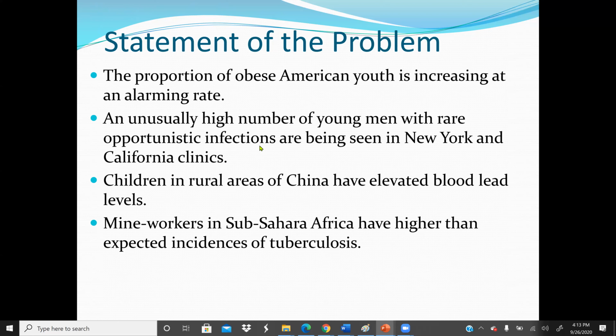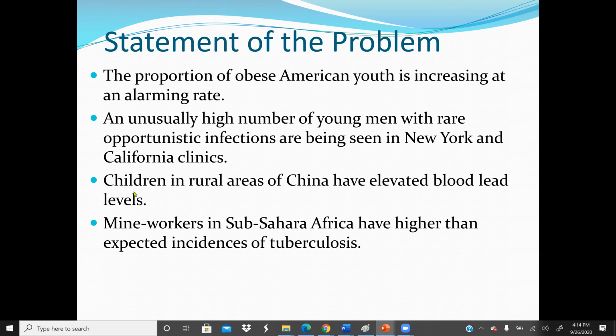This was in the early 1980s when they found out young, middle-aged men were having a disease that normally old people around 70, 80 plus may have, which is a rare, serious pneumonia infection. So that can be a question.